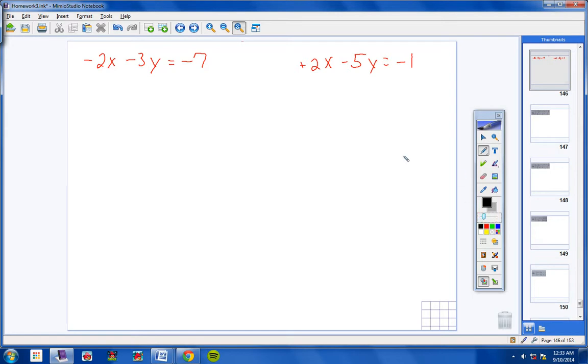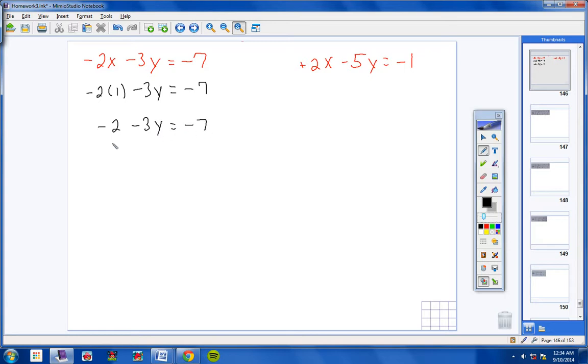Let's go ahead and put 1 in for x real quick. So negative 2 times 1 minus 3y. What we're doing now is we're trying to graph each equation, okay? We're going to graph each equation by putting numbers in for x and getting y values out. So I'll put a 1 in for x. Negative 2 times 1 is negative 2 minus 3y equals negative 7.